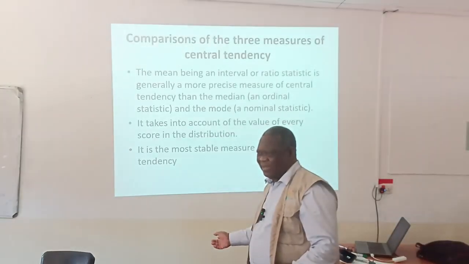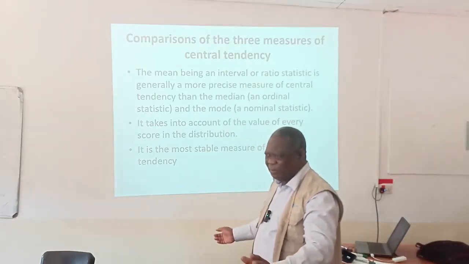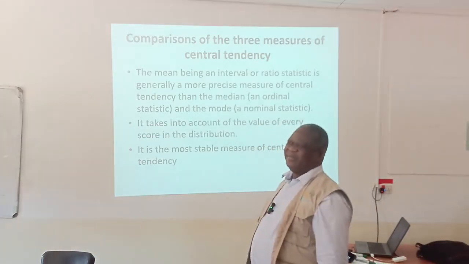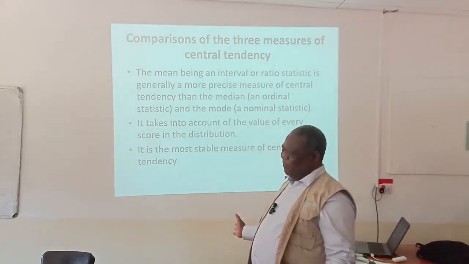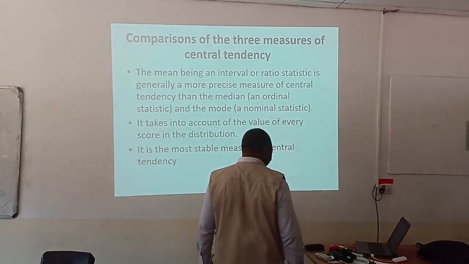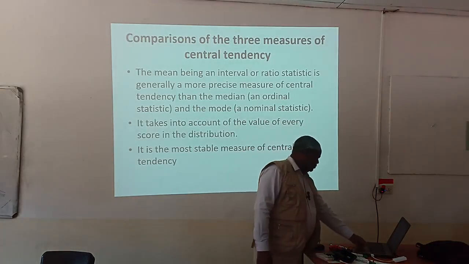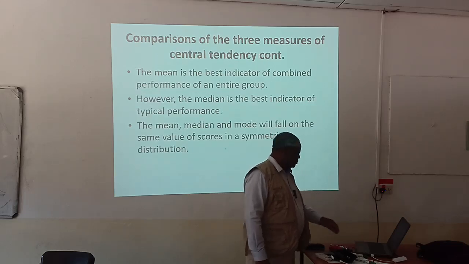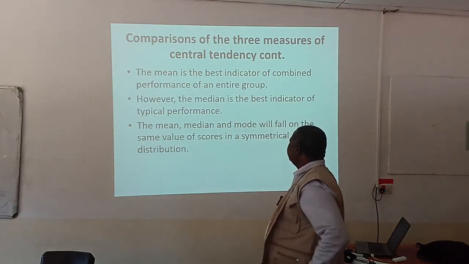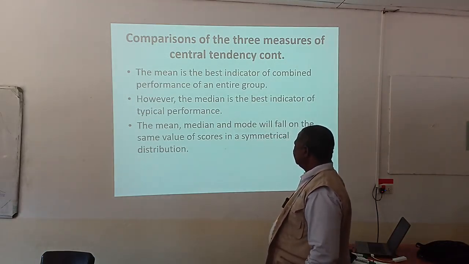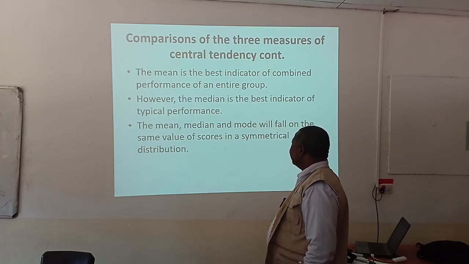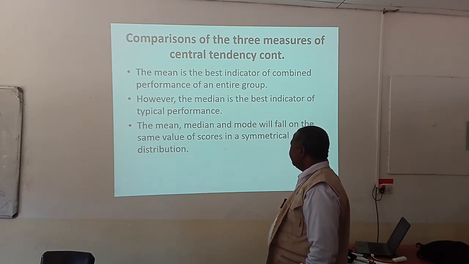When you talk about the median, you know that 50% of the population was below this one and 50% of the population was above this one. Okay? So very typical. Which I've just said. Best indicator of combined performance, mean. Best indicator of typical performance, median.